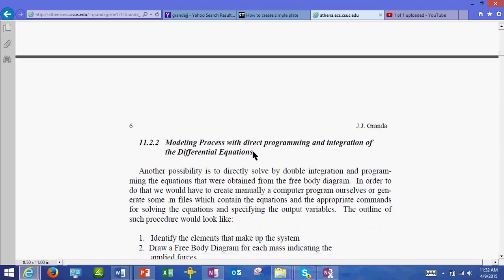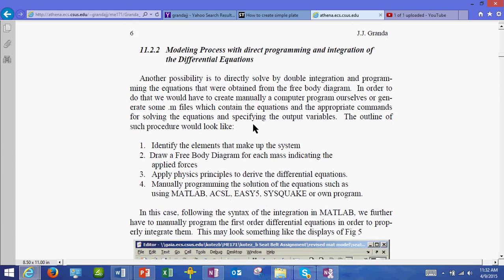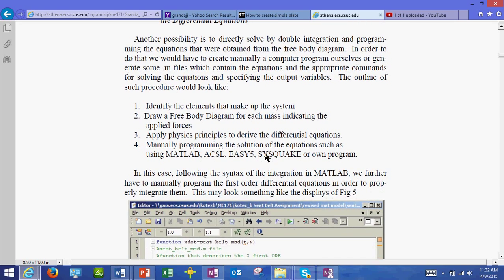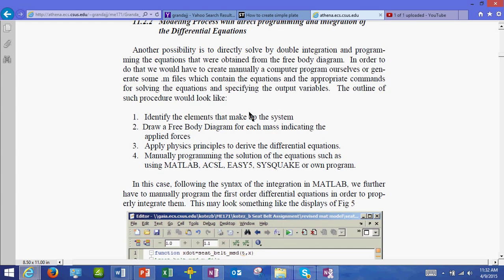once you have done this, we go on to section 2, which says modeling process with direct programming and integration of the differential equations. So in this case, what would we do? Another possibility would be to use double integration of the equations that we obtain from the free body diagram. It will create manually a computer program.